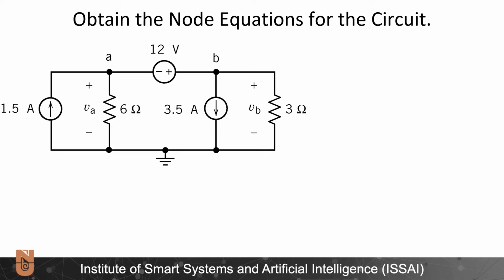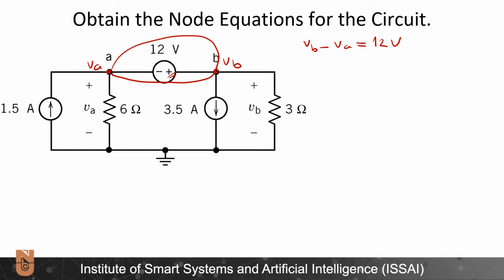Let's solve this question also using the supernode concept. Here I have VA, and here I have VB, and both nodes A and B constitute a supernode. I can write VB minus VA is equal to 12 volts, taking into account the polarity of the voltage source.